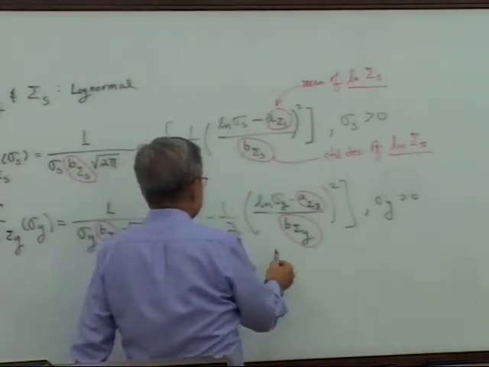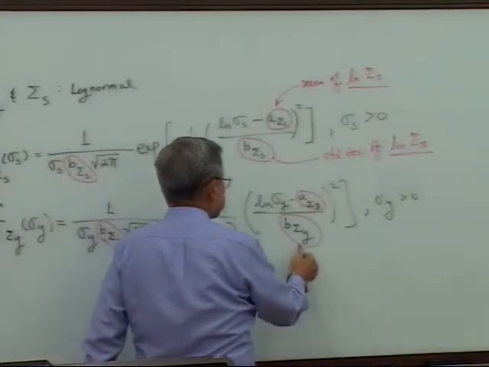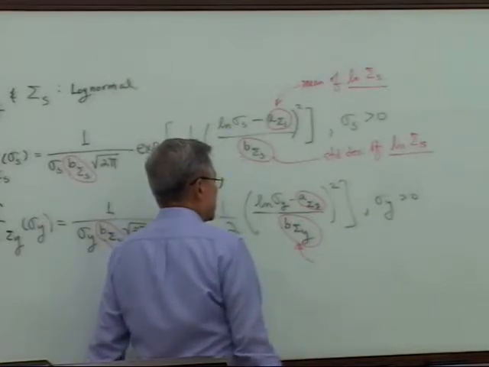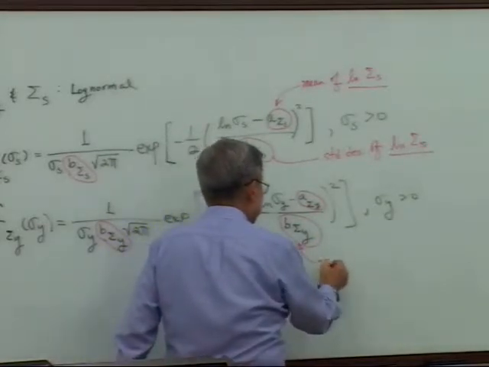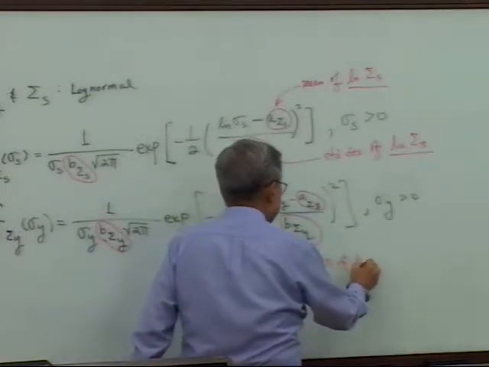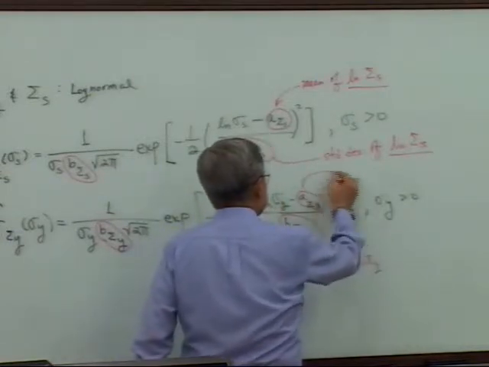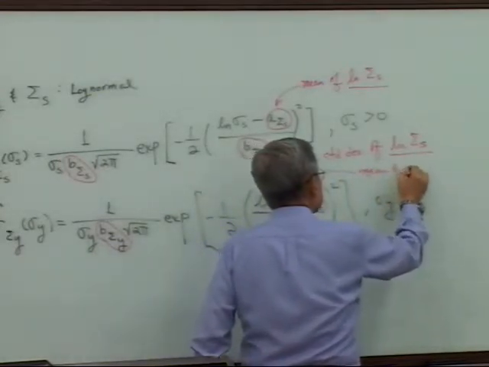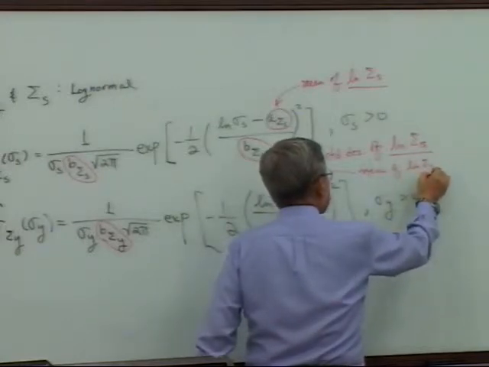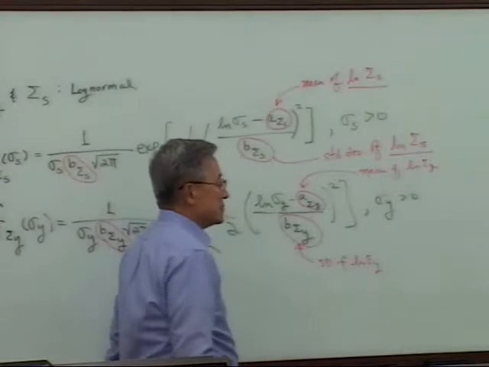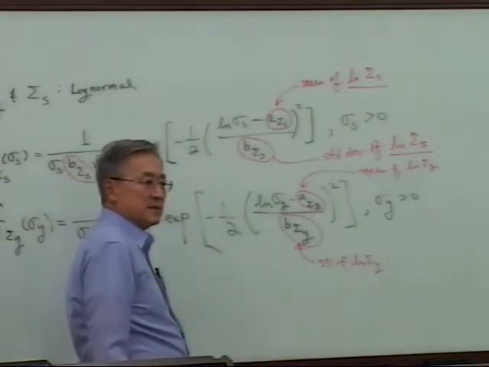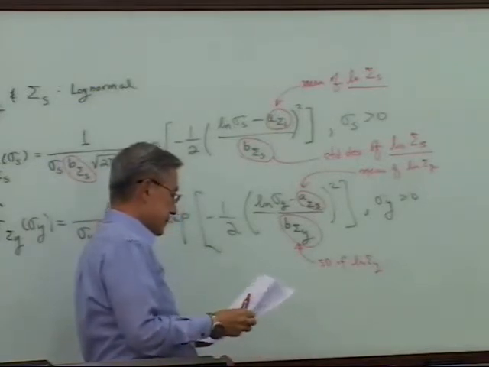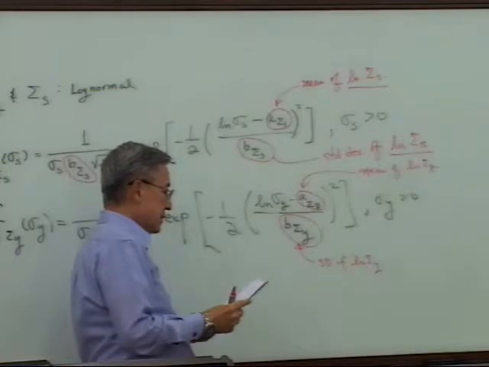And the same thing over here. So what would this be? The standard deviation of ln sigma y, and this guy is the mean. Otherwise the processing procedure is all the same.